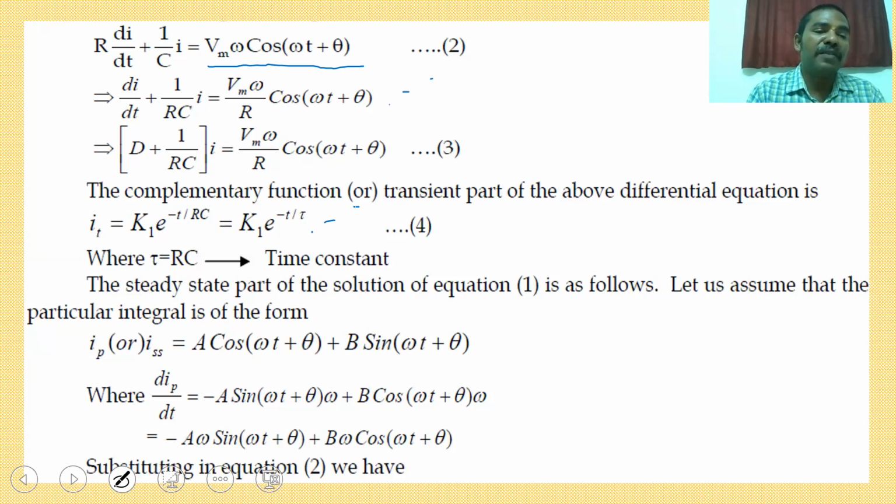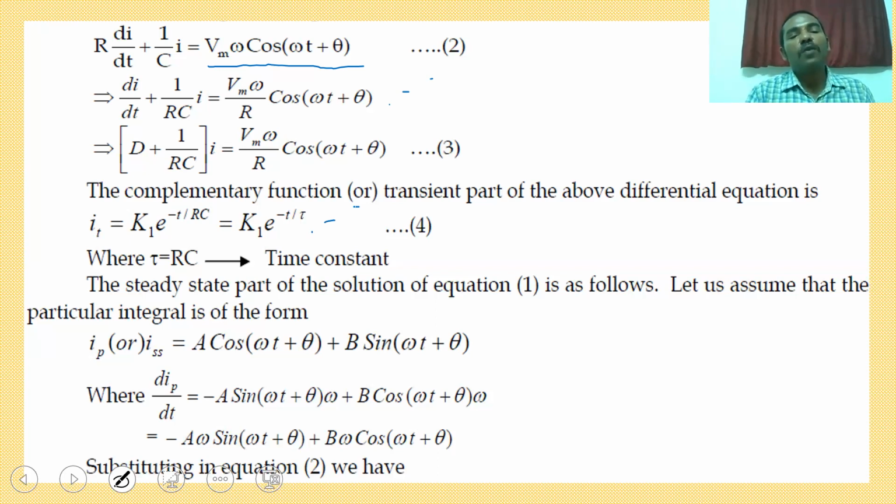So the complementary function i suffix c is equal to k1 e power minus t by RC, that is k1 e power minus t by tau, where tau is R into C, the time constant for the RC circuit.